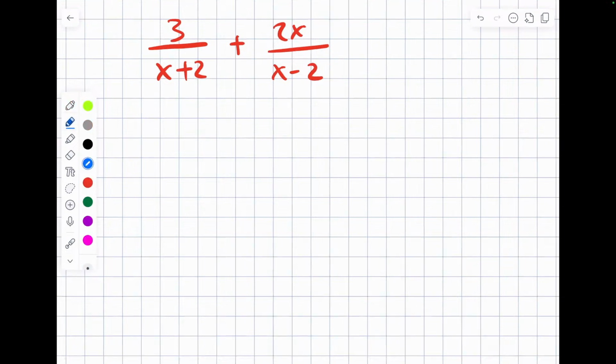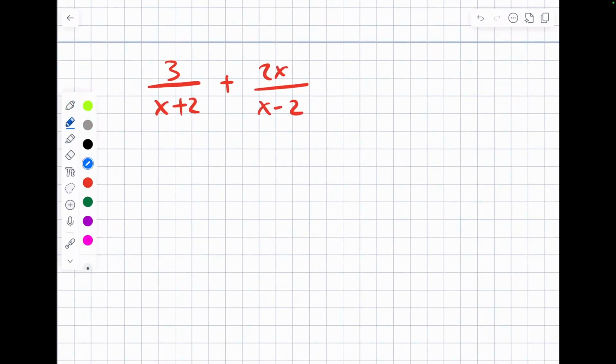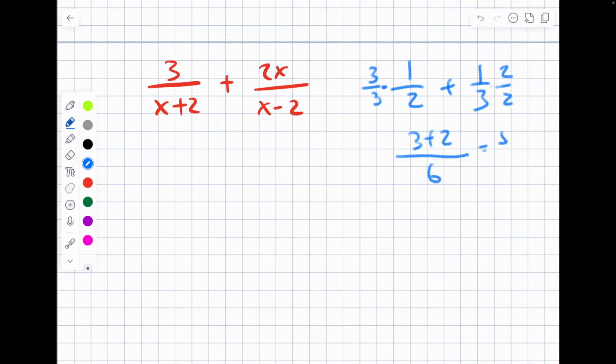Imagine that you have 1/2 plus 1/3. You cannot add those two fractions. You need to multiply this side by 3/3 and this side by 2/2. That gives 3/6 plus 2/6, which is equal to 5/6. And you can add them after that.